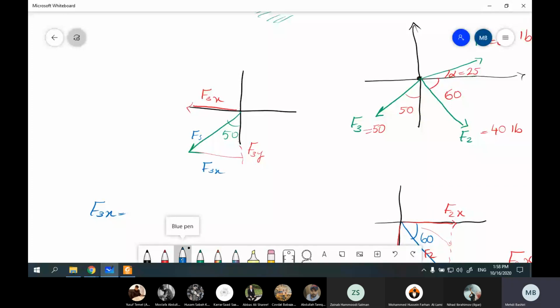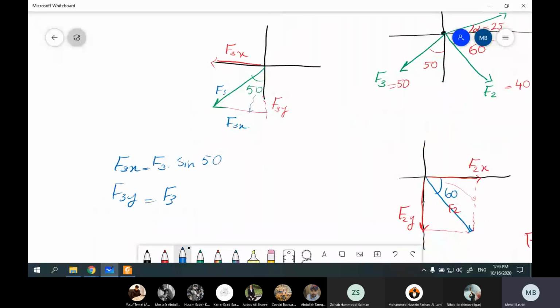So F3x, you can see here, is far. It's in front of the angle, not beside the angle. So F3x is F3 dot sine of 50, and F3y is F3 cosine of 50. It is equal to 50 dot sine of 50, and 50 dot cosine of 50.